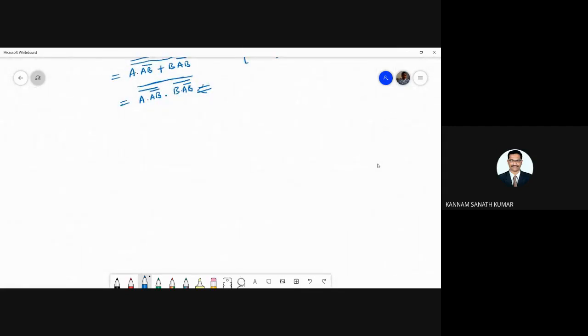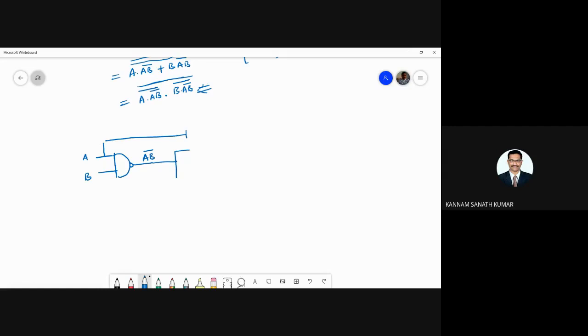Now if you see, these are the two inputs, A and B, and this is nothing but AB bar. Now take one more input A.